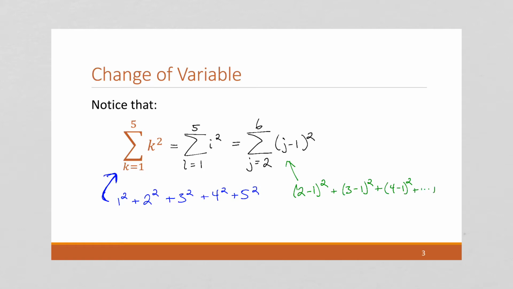I'm going to skip ahead to the 6 minus 1 squared. And now if I simplify these, 2 minus 1 is 1 squared. 3 minus 1 is 2 squared. Plus 3 squared plus 4 squared plus 5 squared. And look, these two are the same.